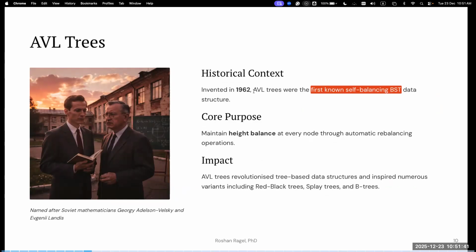So AVL is AV for one person's name, L is for the other one. That's how it's named. Maybe one contributed more, another one less. I haven't read the history of this, so I don't really know. But it's just the names of people, and that's how it's named.